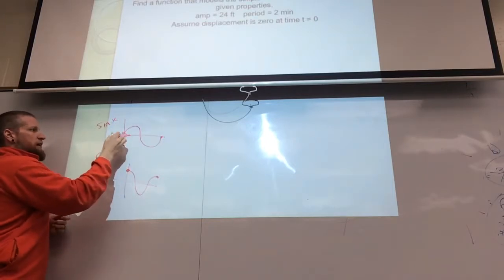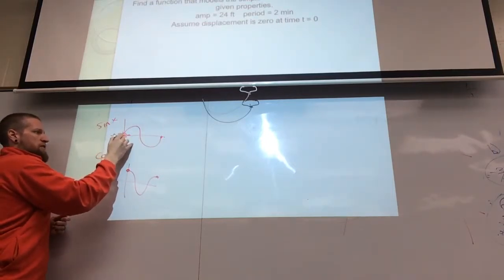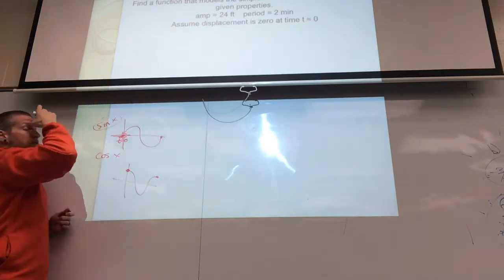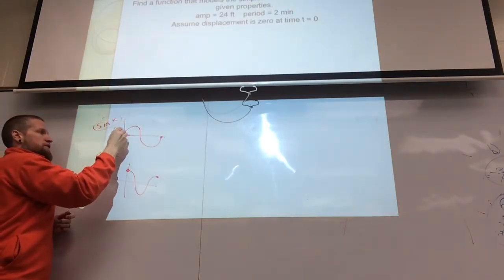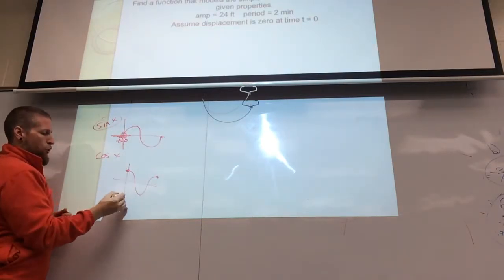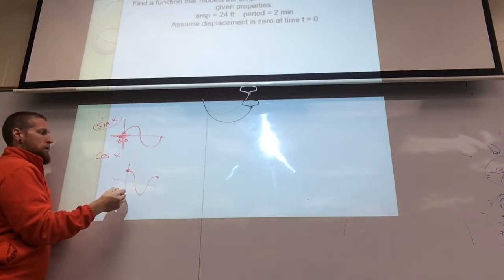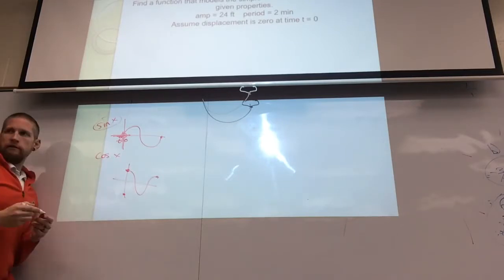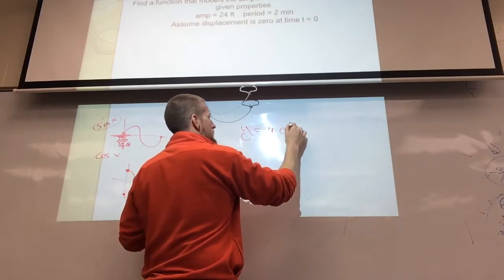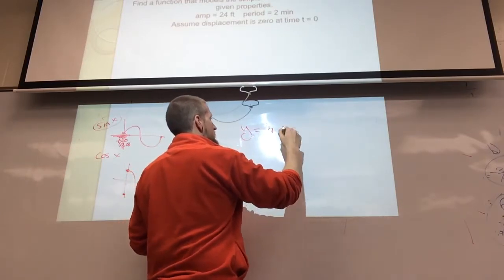So if it says starting at 0 at time is 0, because this is t equals 0, then you pick sine. So this would be a sine function because you're starting at the 0 point. If it said starting at a max, or if it said starting at a minimum, then it would be a cosine graph.